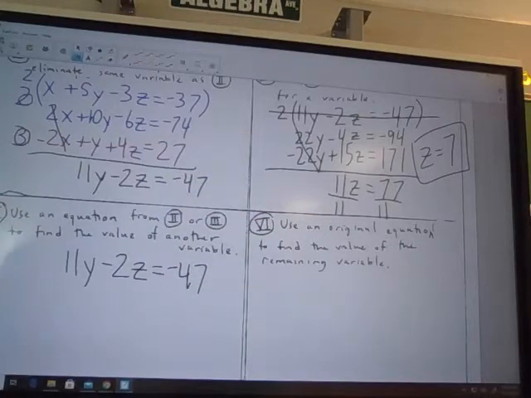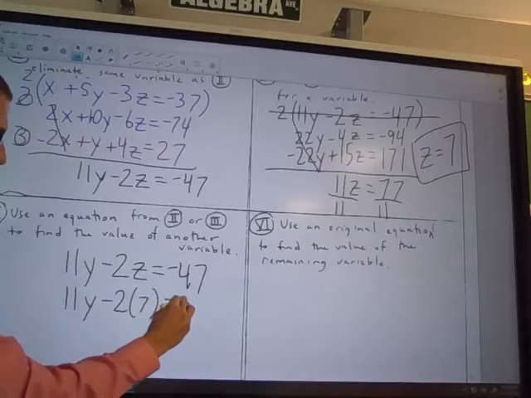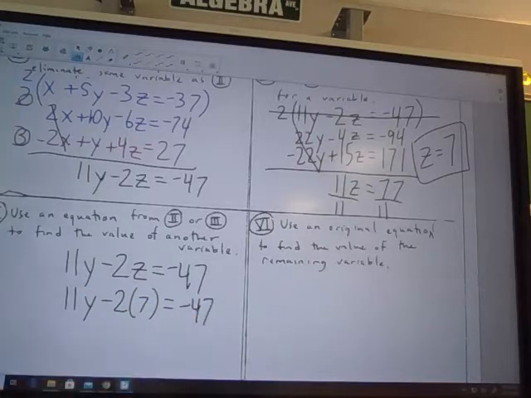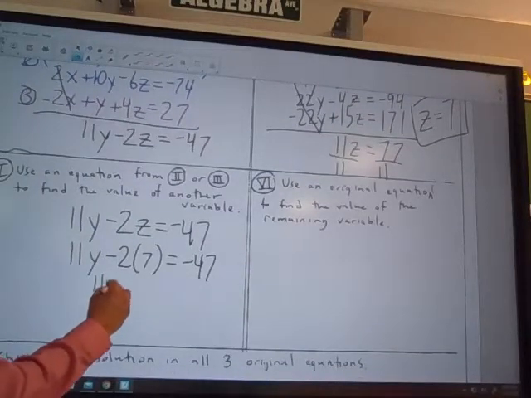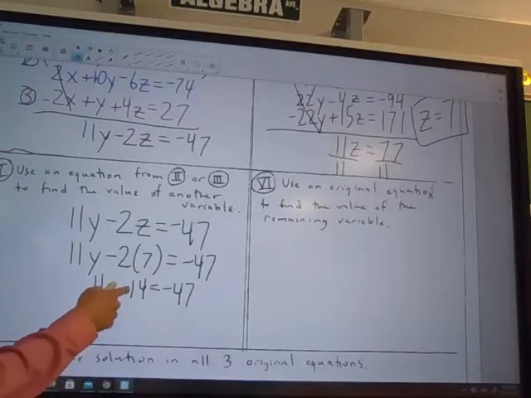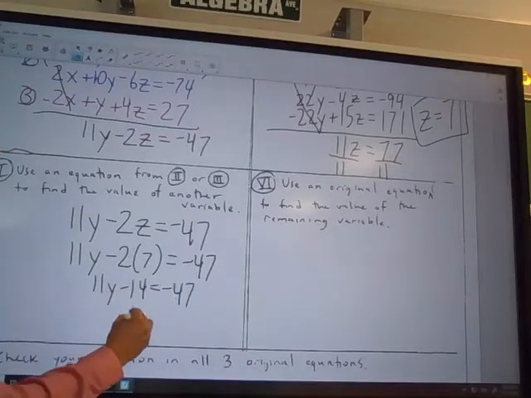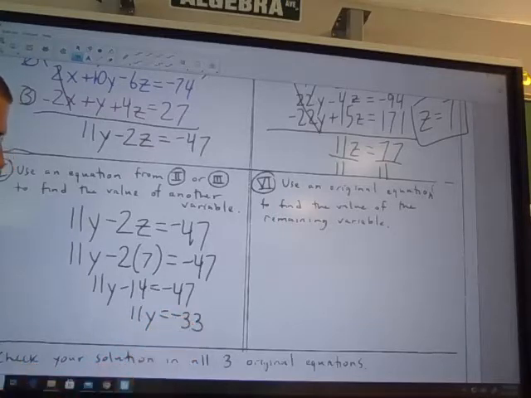And I know that z equals 7 from my previous work. So I can substitute that in here. 11y minus 2 times 7 equals negative 47. All right, which means 11y minus 14 equals negative 47. If we add 14 to both sides, 11y equals negative 33.